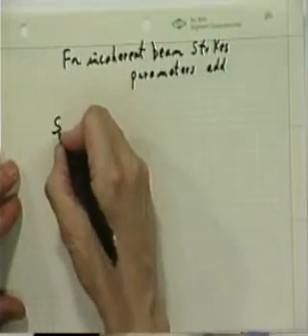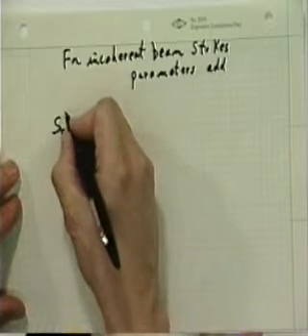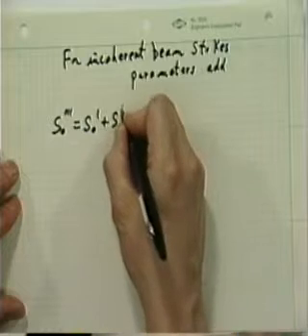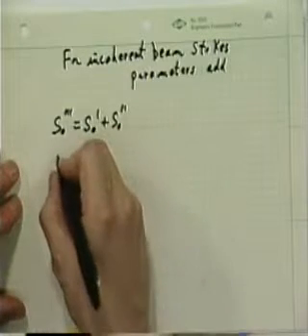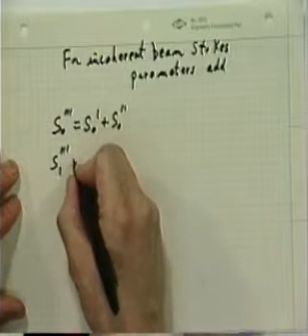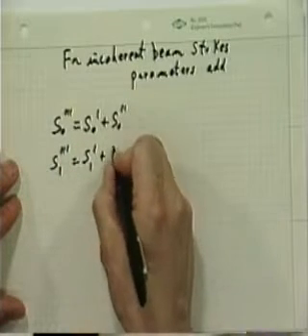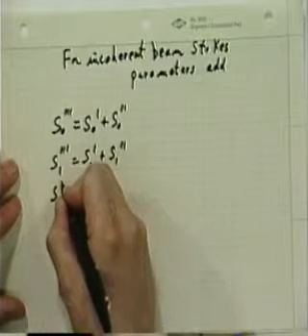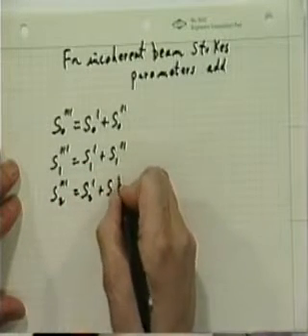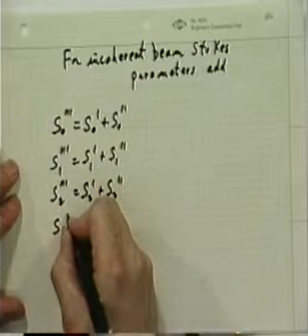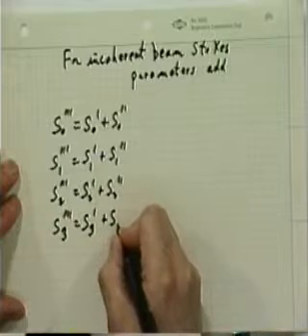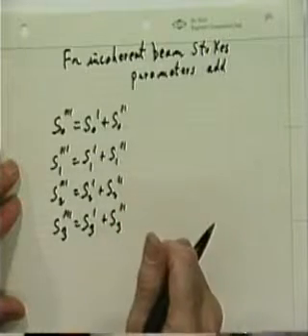And so S naught triple prime was equal to S naught prime plus S naught double prime. And the same thing we'd write for S1, and S2, and S3. So we can just add the Stokes parameters.